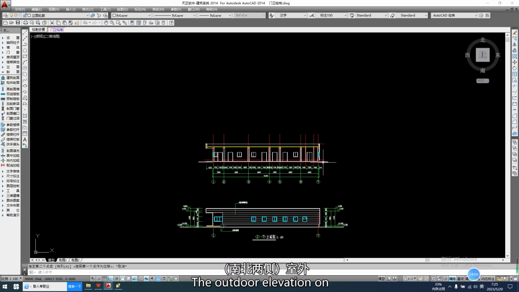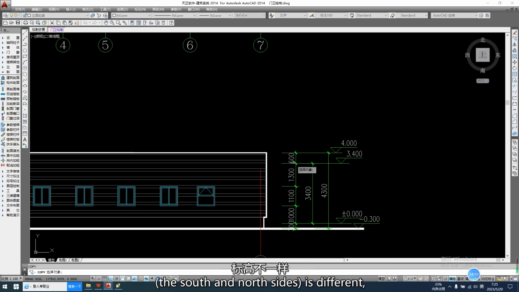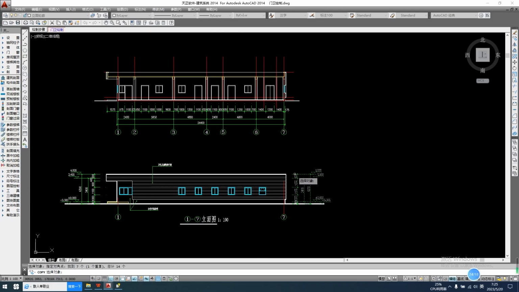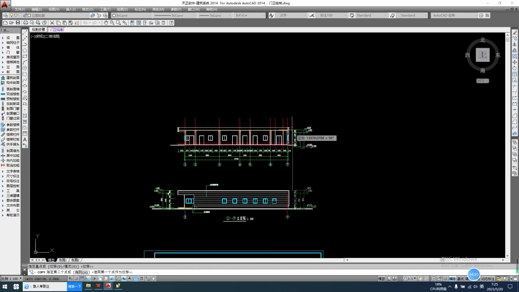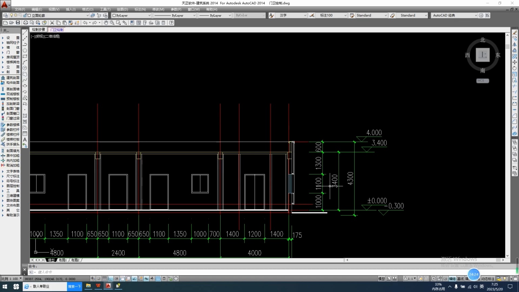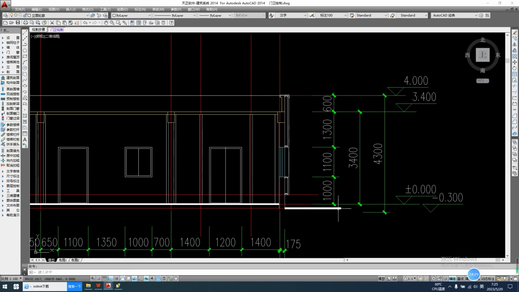The outdoor elevation on the south and north sides is different, so stretch the outdoor dimension.